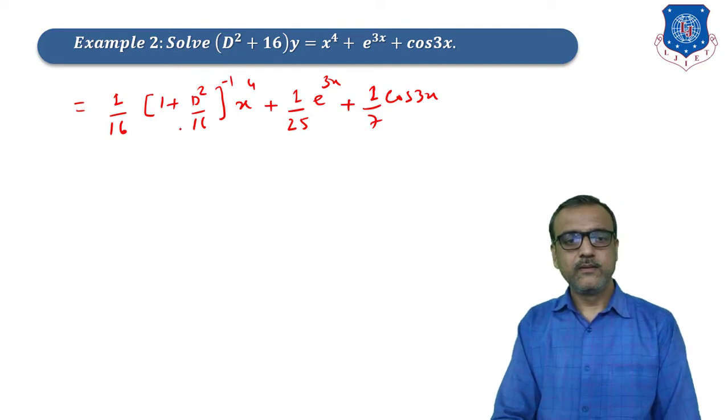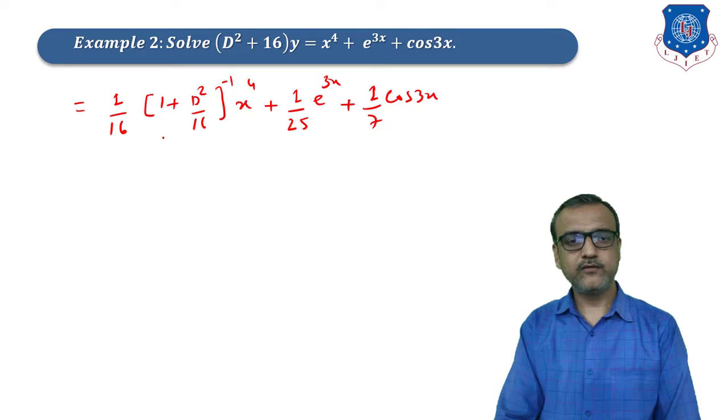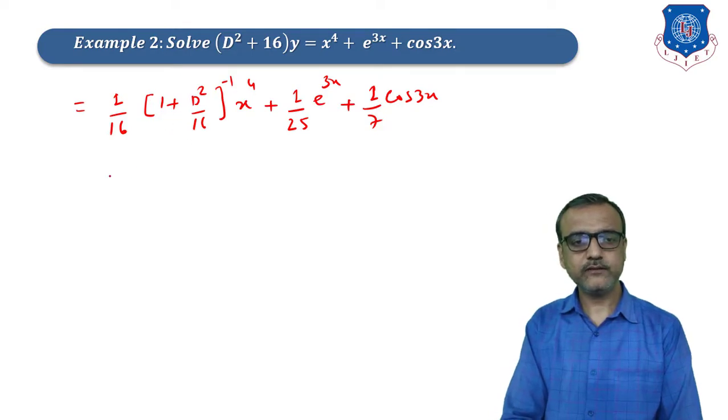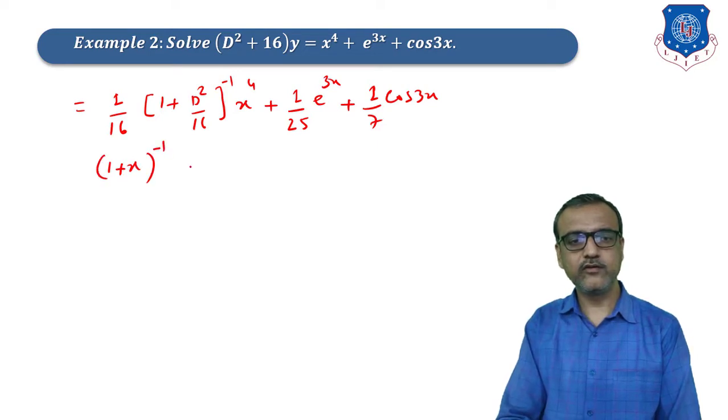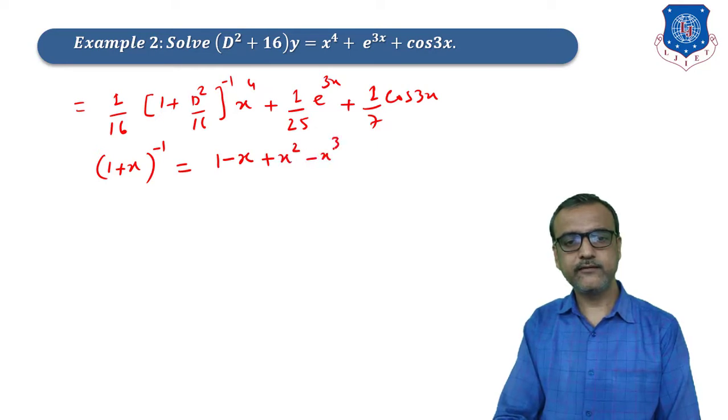Now we will apply the binomial theorem to evaluate this function. Just keep in mind this expansion: 1 plus x the whole raised to minus 1 is nothing but 1 minus x plus x square minus x cube and so on.